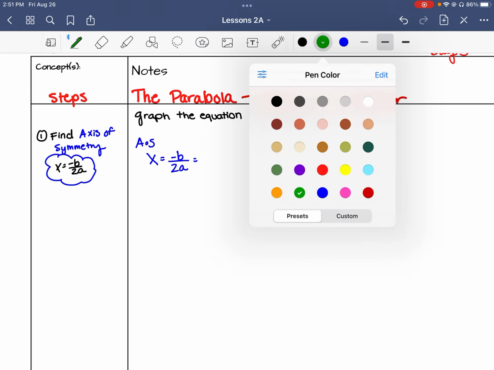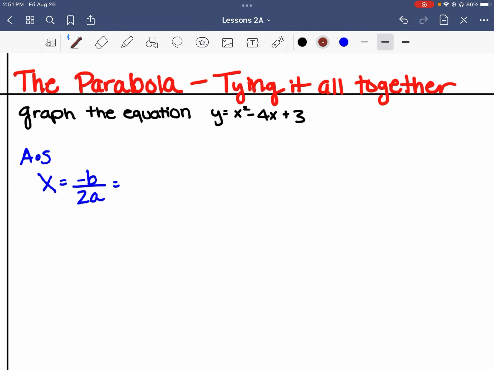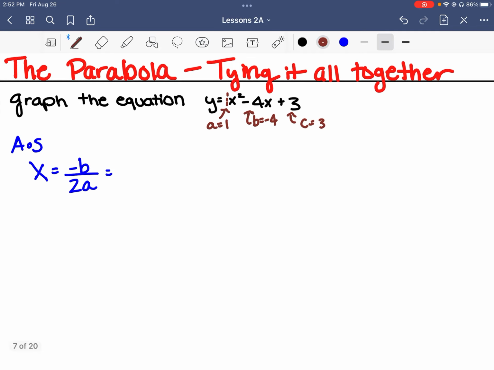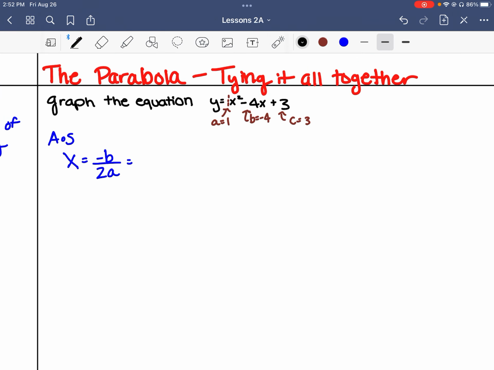Well, what's b and a? So let's go ahead and identify our a, b, and c. So my c is 3. My b is negative 4. And my a is the number in front of x squared, which in this case is an imaginary 1. So this is a.